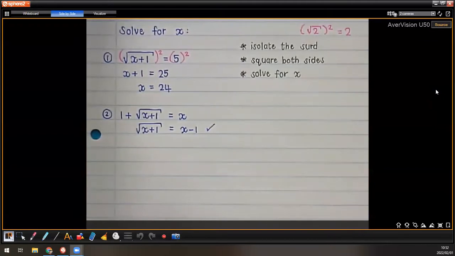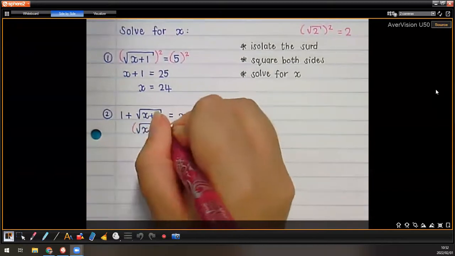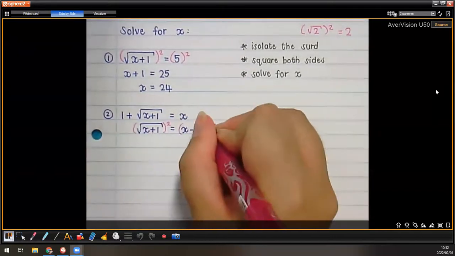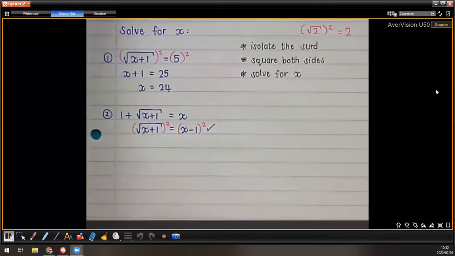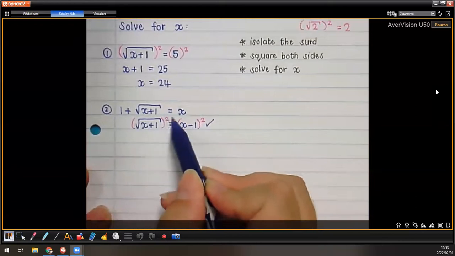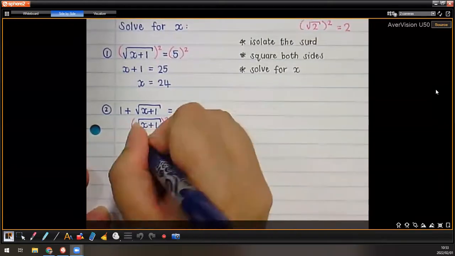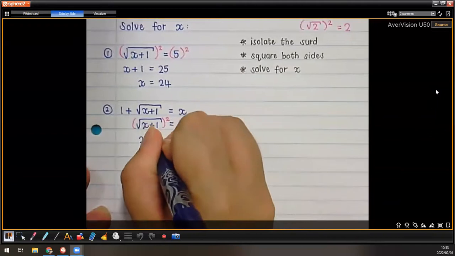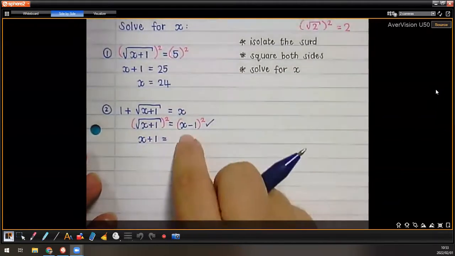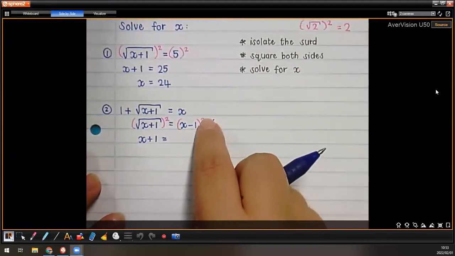Now we need to square both sides. So we're going to put a bracket around the whole left-hand side, square it, and around the whole right-hand side. So now we know that a square root and a square will cancel each other out. So I'm going to have x plus 1 here, just like in the previous example. But now, guys, we have two terms. X minus 1 squared.